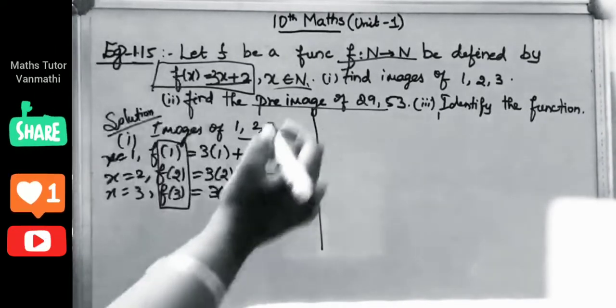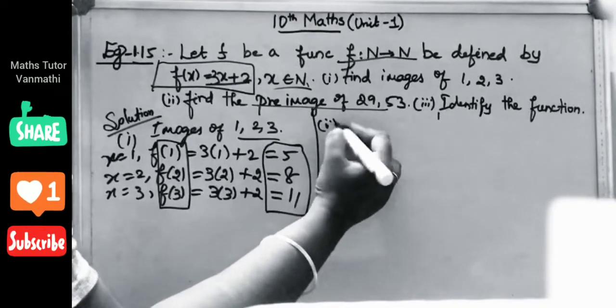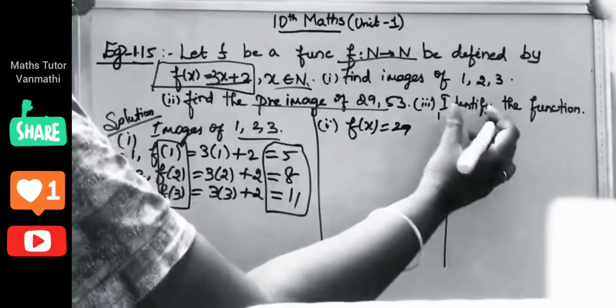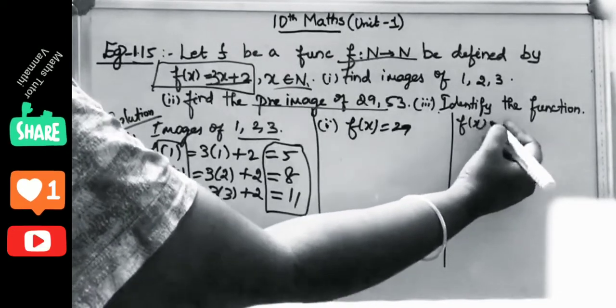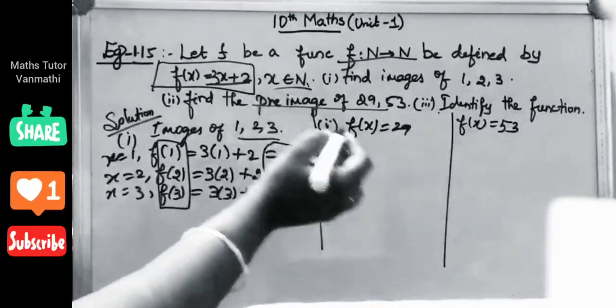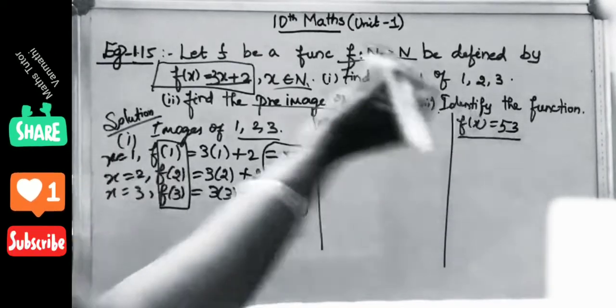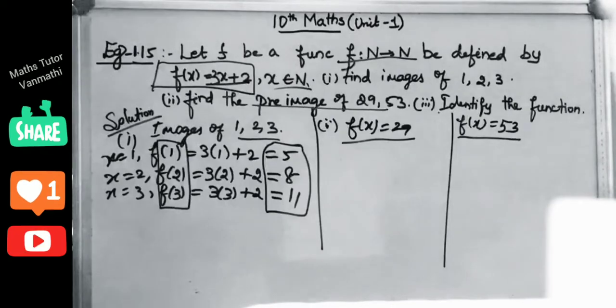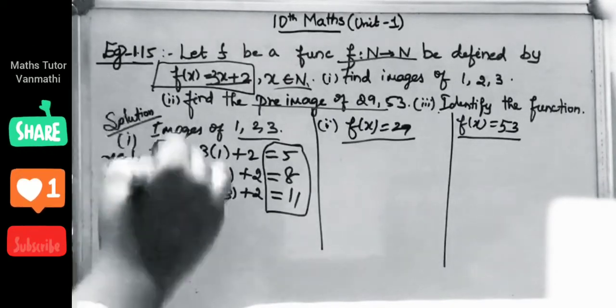They have given f of x equal to 29 and then f of x equal to 53. They have given the f of x values as 29 and 53. From this we are going to find the pre-images, that is your x value.